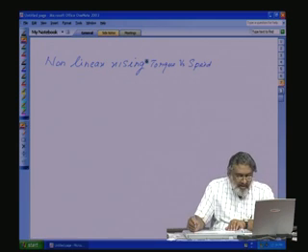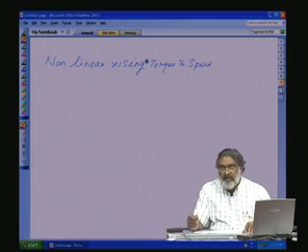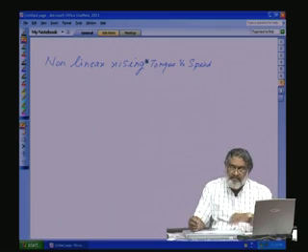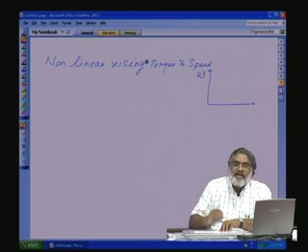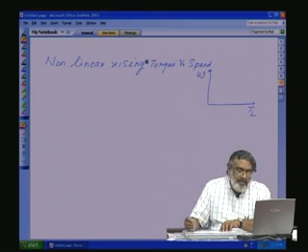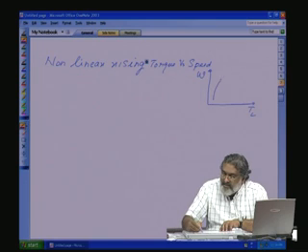That is parabolic. How will it look? Let us again draw the axis. This is our omega, speed, and this is our torque. So it will be something like this.